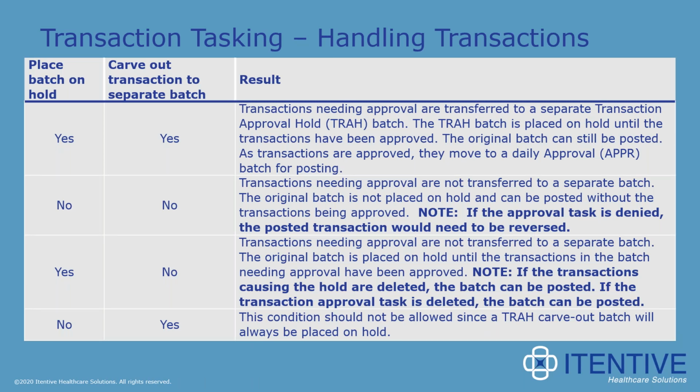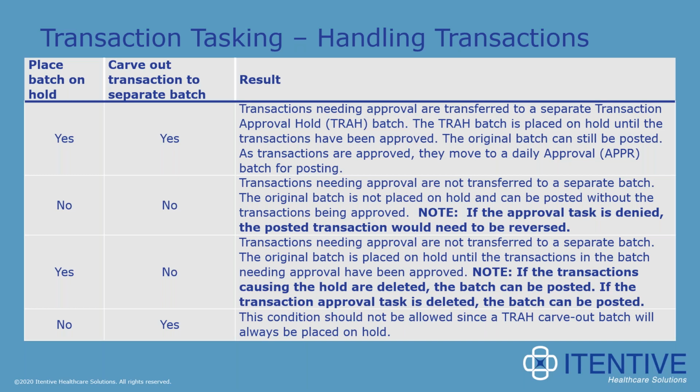Place the batch on hold and carve out the transaction into a separate batch. Most of the time, you would select yes to both of those. But some of you may not want to hold up the whole batch being processed. Some of you may want to use this as more informational, where you would not put the batch on hold and you wouldn't carve it out. You just let it go ahead and post, and then if it doesn't get approved, you can go back and deal with it later.